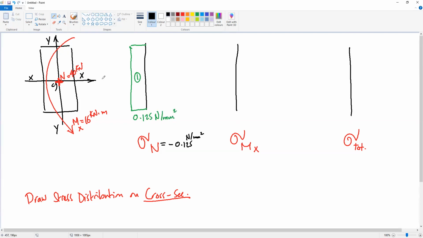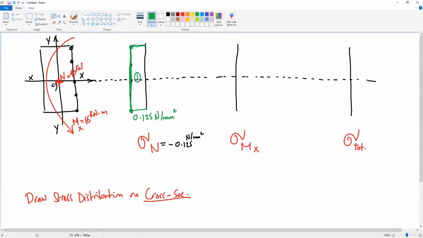And this line is our centroid. So for any point on the cross section, here or here, whatever, how much is the value of the stress? The value of stress is equal to 0.25. This is what is meant by constant stresses or uniform stresses.